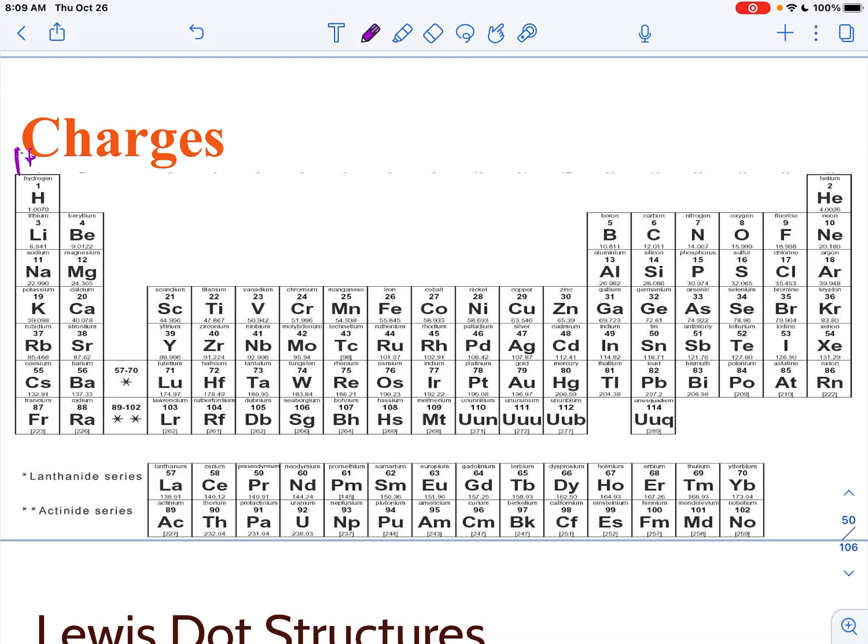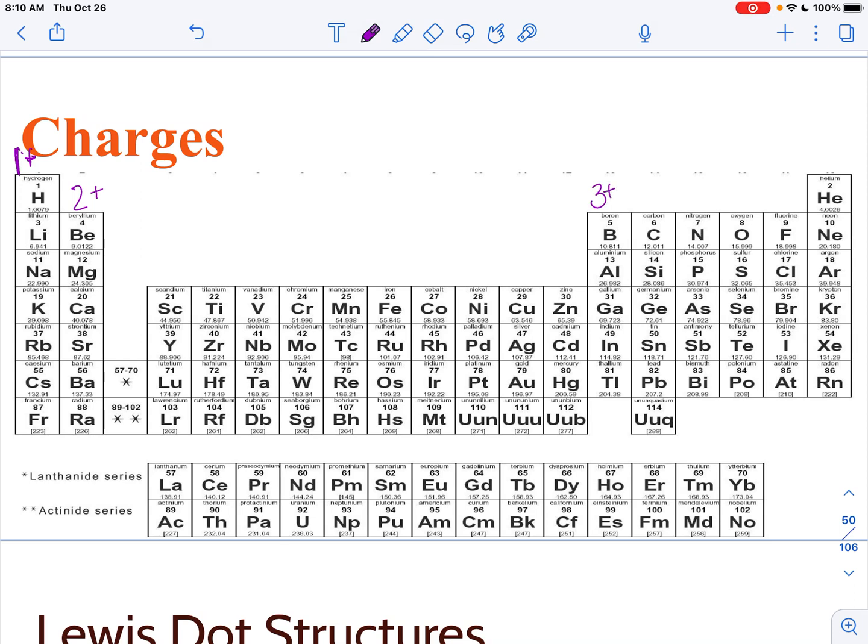You might remember from when we first started the periodic table that most metals will get a positive charge, and most nonmetals get a negative charge. Hydrogen, although you know it is a nonmetal, also gets a positive charge. Group 2 gets a 2 plus charge.